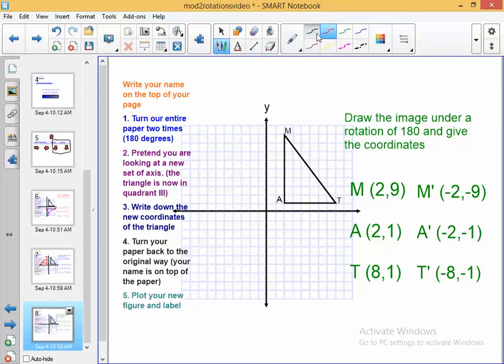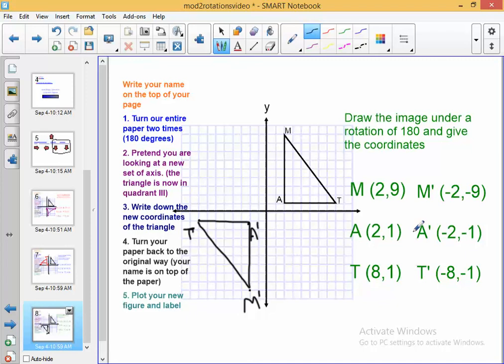Last thing we're going to do is plot our new coordinates and label. M, left 2, down 9. A is left 2, down 1. And T is left 8, down 1. Once we connect our points, we have a 180-degree turn of a triangle.